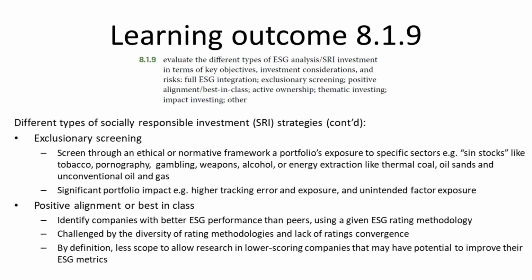And by definition, there is less scope to allow research in lower scoring companies that have potential to improve ESG metrics. Because we only pick the better companies, for companies that underperform, we will just exclude them and will not bother spending time on engagement with these companies, hoping that they can improve their ESG metrics.